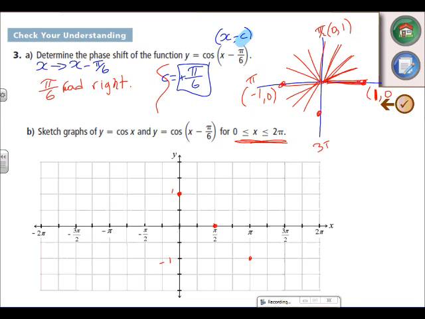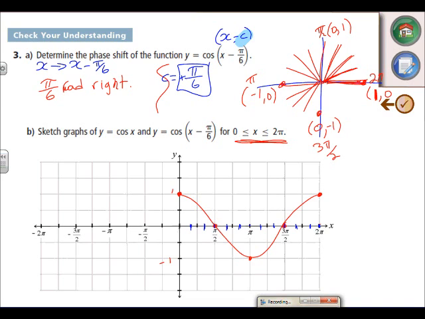I'm just going to go down to 3 pi over 2. And this is 0, negative 1. We're looking at just the x value. Back up. And then we're back at 2 pi to 1. And we connect those. And there's our cos of x.